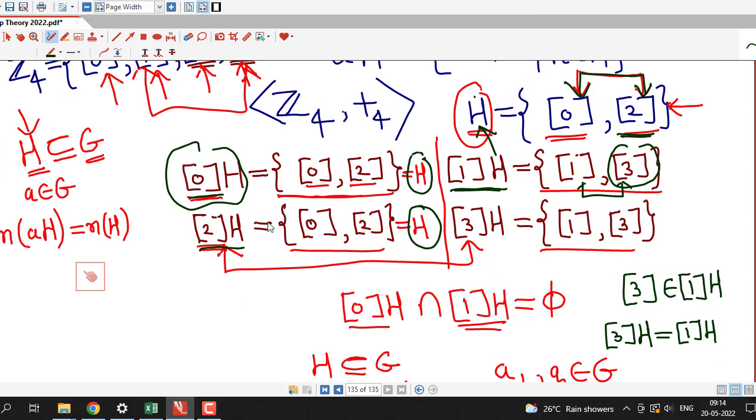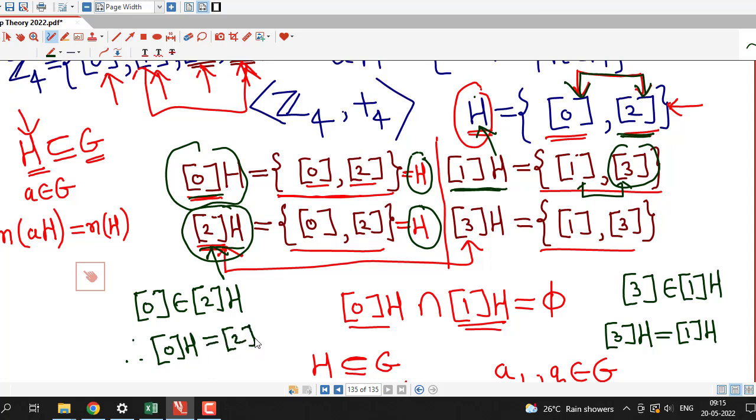Here also we can observe this is the left coset generated by equivalence class 2, and this 0 is an element of this left coset, and we can see that the left cosets generated by 0 and 2 are the same, because 0 is in this set.